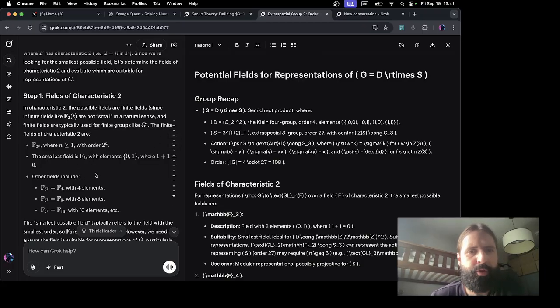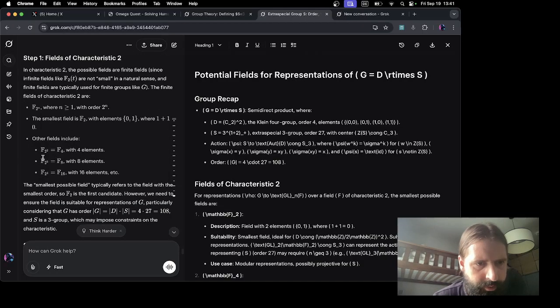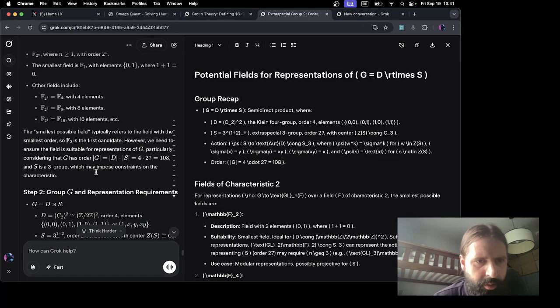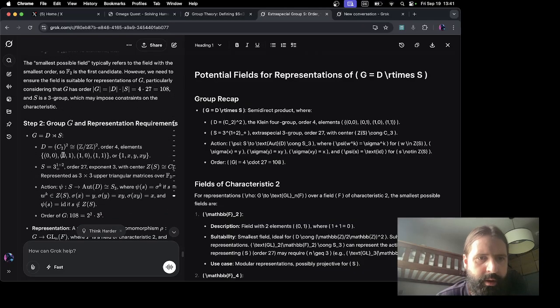The smallest field is F2 with elements 0, 1, where 1 plus 1 equals 0. Others include F4, F8, and F16. The smallest possible field typically refers to the field with the smallest order. However, we need to ensure the field is suitable for representations of G, particularly considering that G has order 108 and S is a 3-group, which may impose constraints on the characteristic.